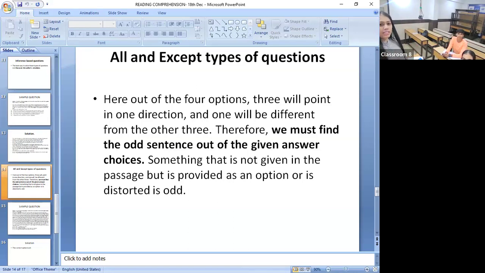Okay, so this is like the all and except types of questions. So here your job is to find the odd sentence, that is, the one not provided as an option or distorted as odd. So you can just write down in your chart itself, where you wrote down direct question, indirect question and all that stuff, Shantanu, add the all and except type.